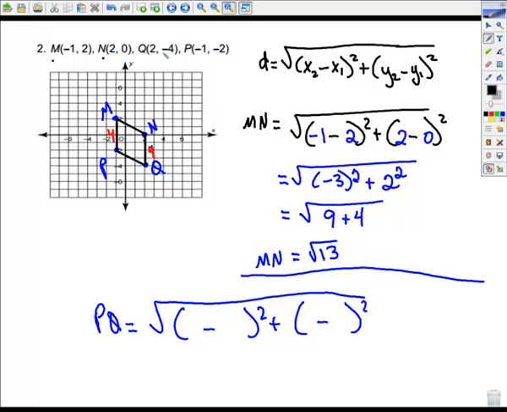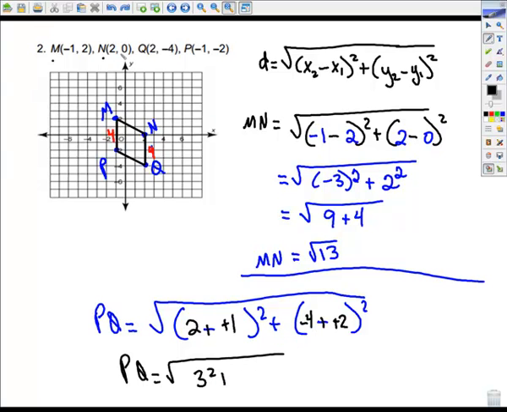And from P to Q, I get 2 subtract -1 for the x's, and the y's are -4 and -2. Don't forget you add the opposite when you have the double negative here. 2 plus 1 then is 3 squared.